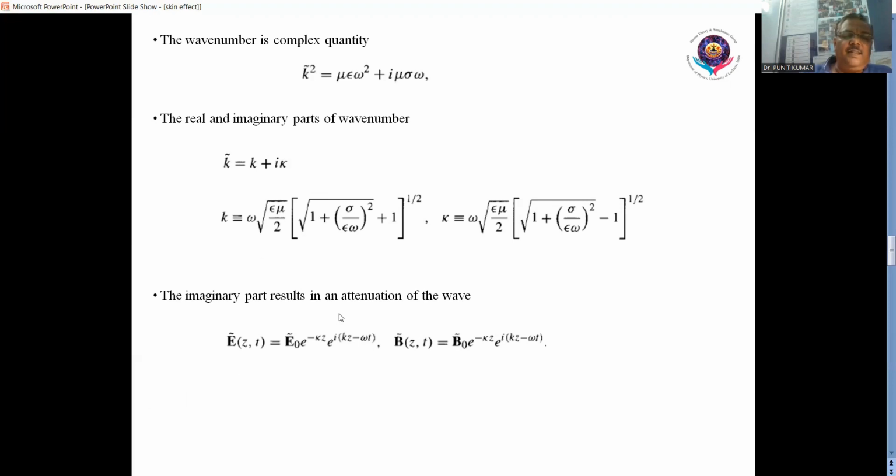And this will result in an electromagnetic wave whose electric vector will be a combination of two terms. One is the routine wave propagation term, and the other will be a decay term. We have obtained a similar solution in our previous lecture. So this represents the decay of the wave.